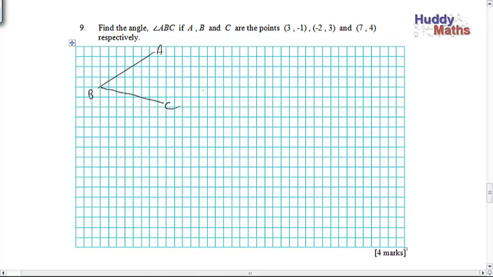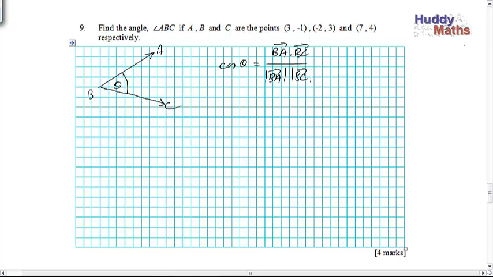Now, if you want that acute angle ABC, you must work out from the point in the middle of the angle. So here, the cos of that angle theta is BA dot BC over the length of BA by the length of BC.